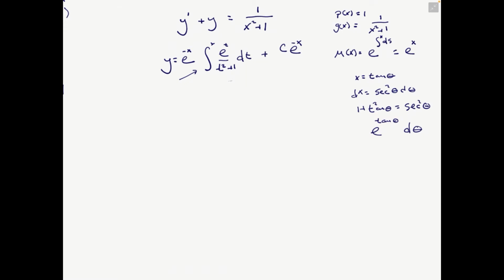In fact, if you look at examples where they solve this particular problem, they put you back into the form of e to the t squared plus 1.